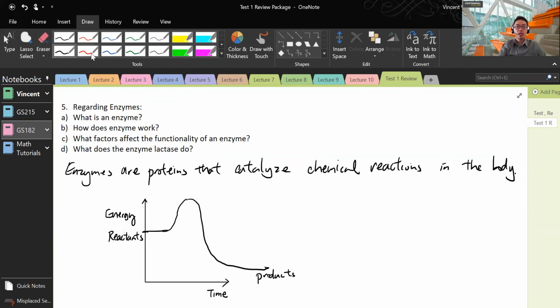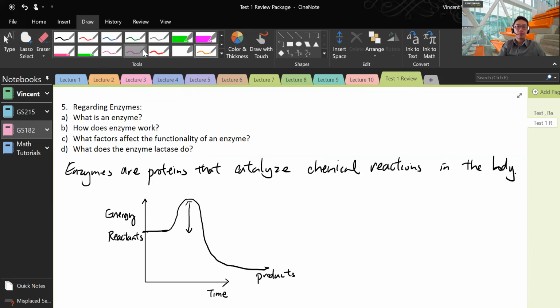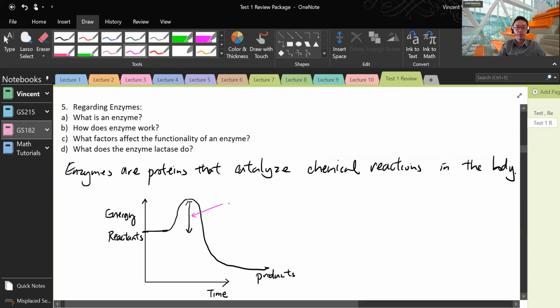This energy that you need to supply before the reaction can take place is called activation energy, which is the amount of energy required to start a reaction.